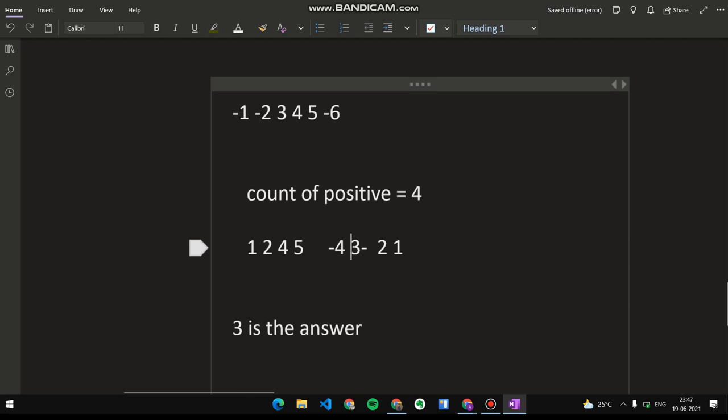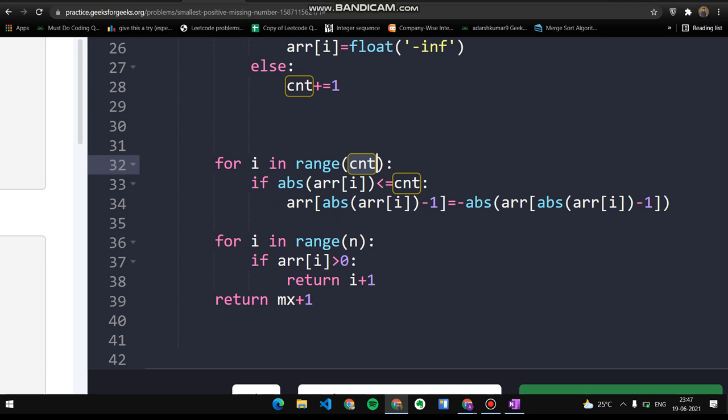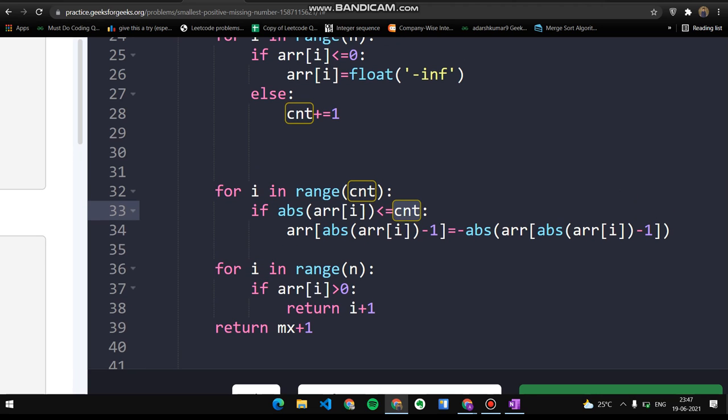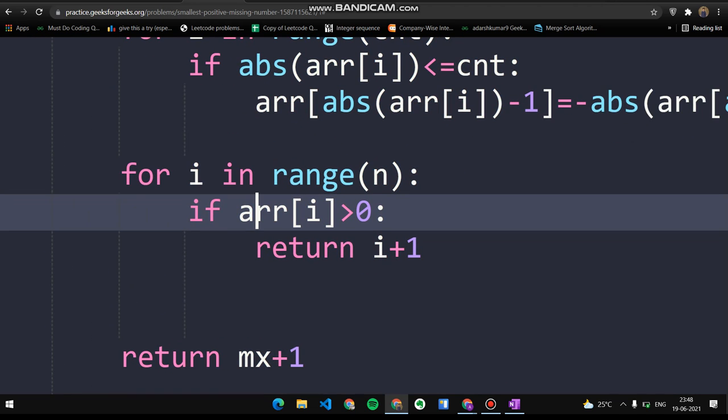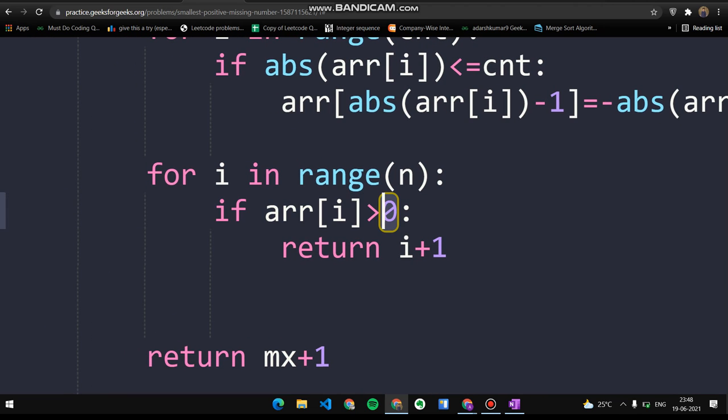We are looping through only the positive elements, whose size is currently 4, so we are looping 4 times over 4 indexes. If it is greater than the count, then it is of no significance, or else we are marking it as negative. And so the first index that is positive will be your answer.